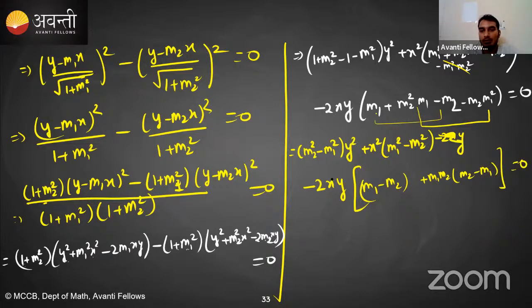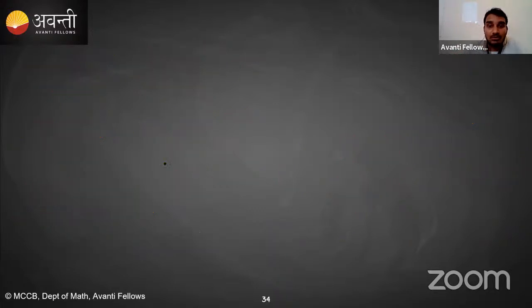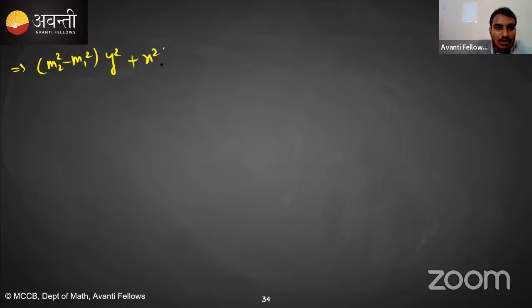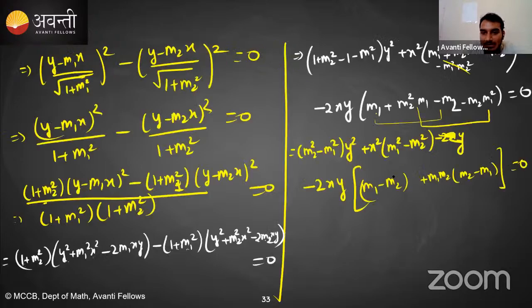So far clear? So now I'm writing down in the next page. So this is nothing but (m2 square minus m1 square) into y square plus x square into (m1 square minus m2 square) minus 2xy into... with 2xy, what is there? It is factorized.